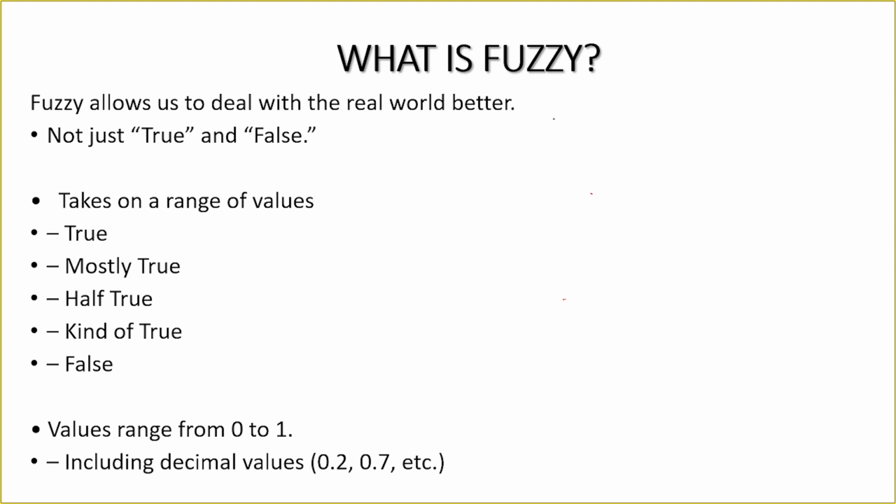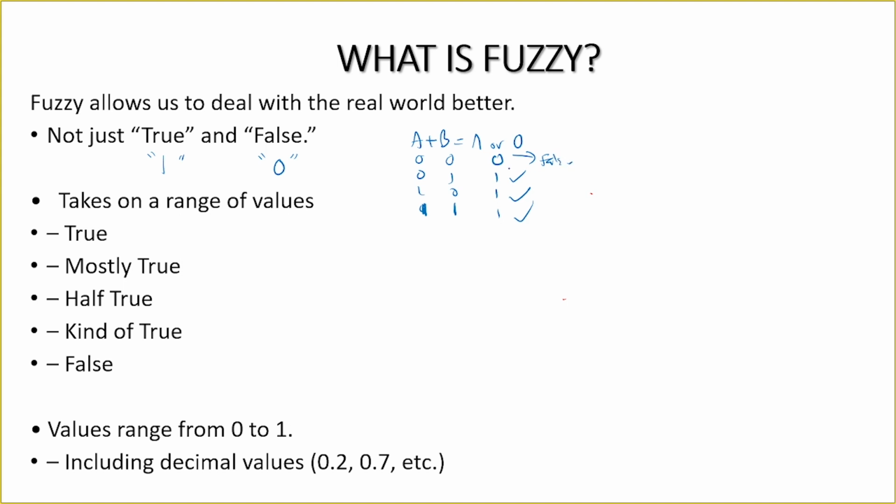Okay, then the things related to fuzzy are allowed to deal with real world numbers. So basically, what we did over here is not really meant to be true for 1 and false for 0, right? So meaning A plus B equals 1 or 0, depending on this. So 0, 1, 1, 1: this is true, this is true, this is true, this is false.